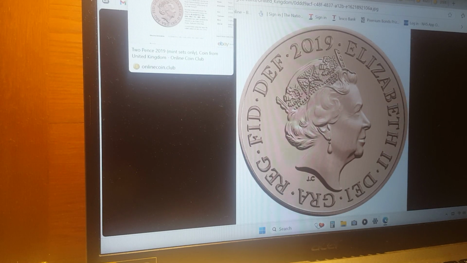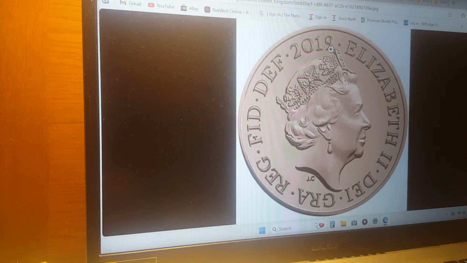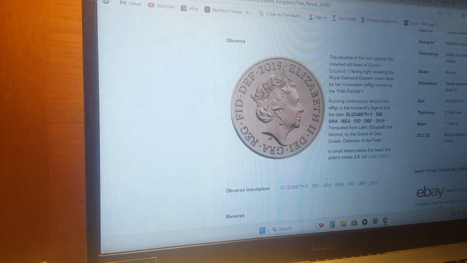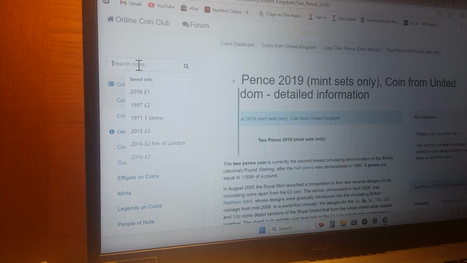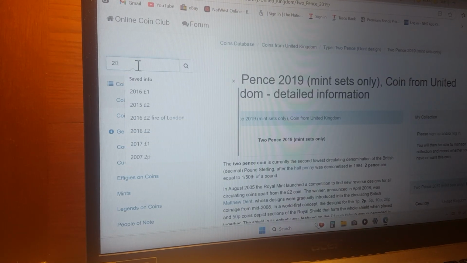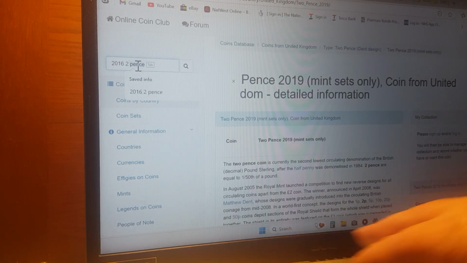But that is, as far as I'm concerned, an upside down six. So I'm going to go 2016. So I'm keeping all these windows open. 2016, 2p.